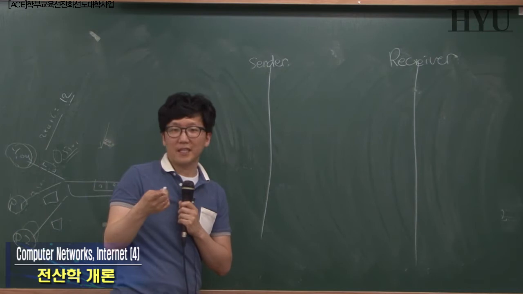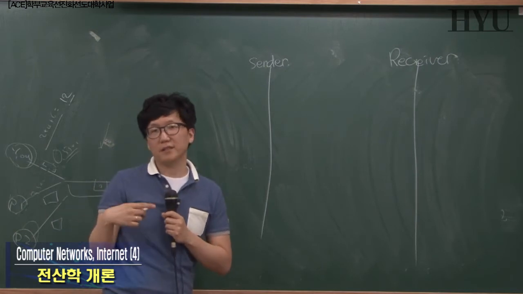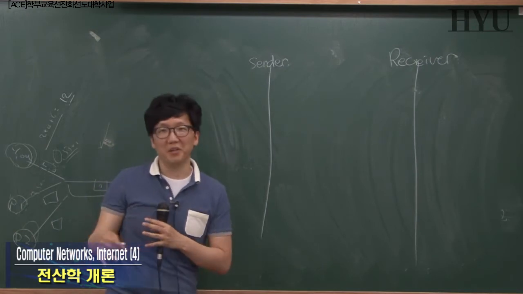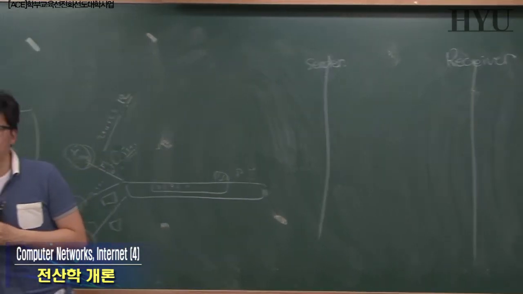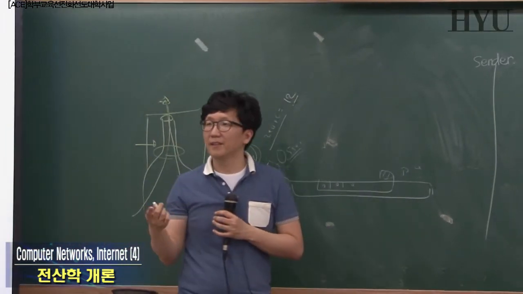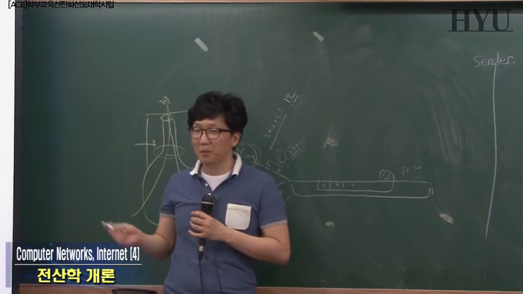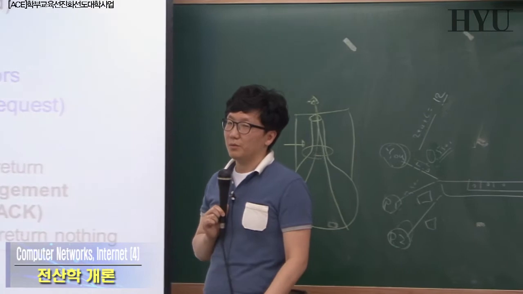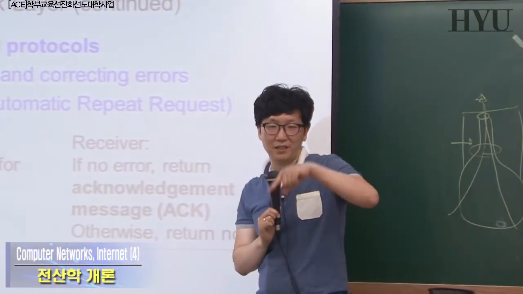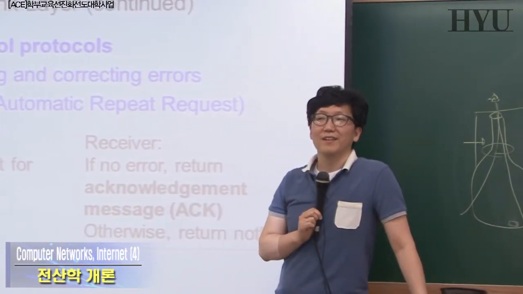You are both sender and receiver. When you actually try to type in naver.com in your web browser, you're both sending the data and receiving the data. What are you sending? It will come up in the next few slides. What are you sending when you're typing on the web browser?